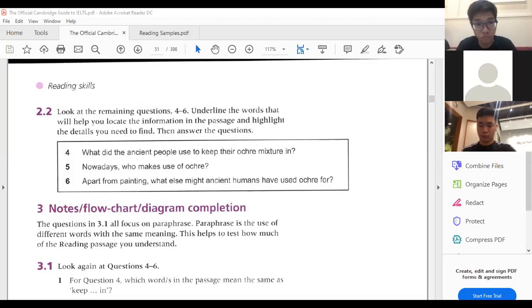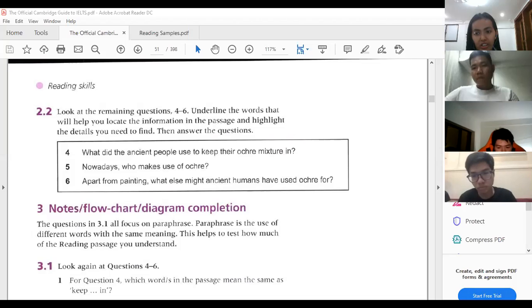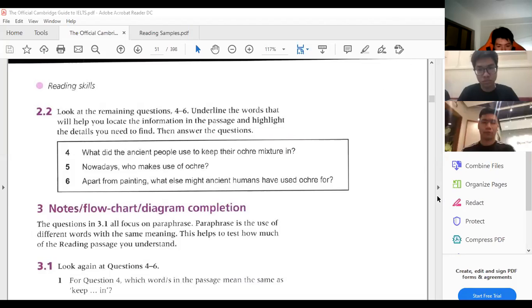Right, question number 4. What is the keyword that you can use to search for the details or the answers to the question? Ancient people. Okay, so the keyword is ancient people.